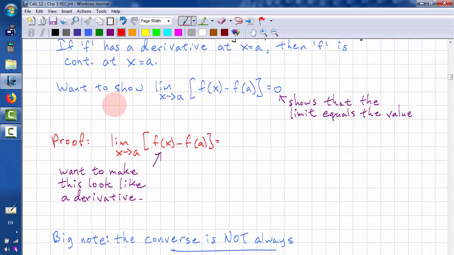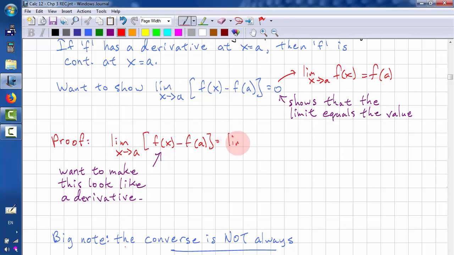So how do we prove this? We want to show that the limit as x approaches a of f of x minus f of a equals 0. Another way of looking at this is limit x approaches a of f of x equals f of a. Okay, that implies continuity. So we want to show differentiability somewhere in this proof.